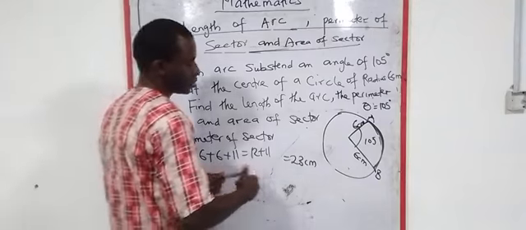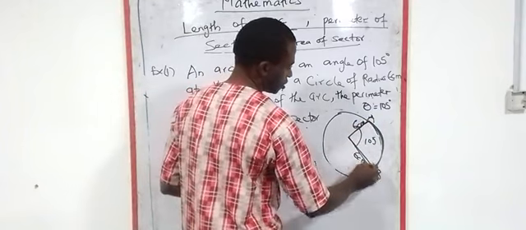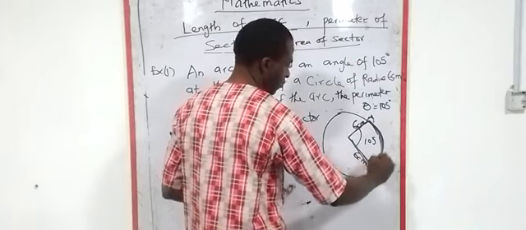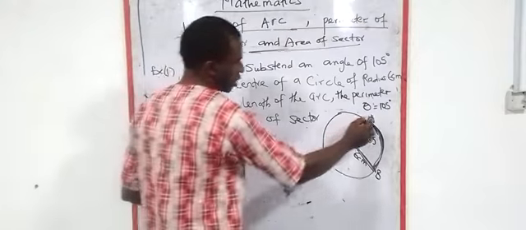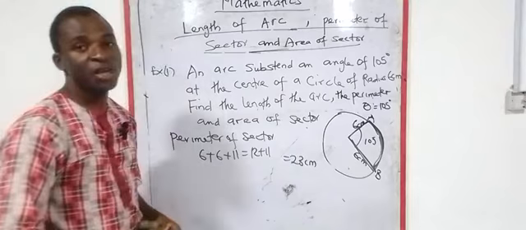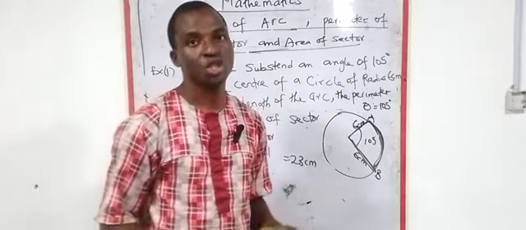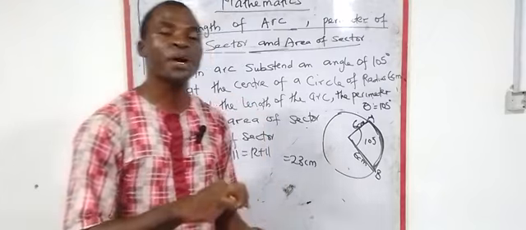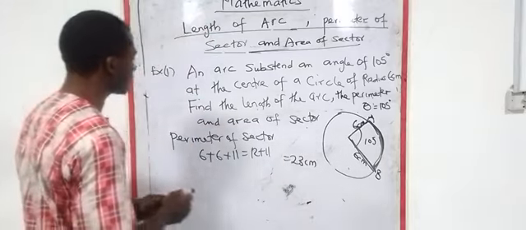Remember, perimeter is the boundary. This is a sector. Then the length of an arc is what we did here. In case you don't know what we did, here is 6, here is 6. So in the perimeter, you look for the length of the boundary around an enclosed shape. That is what we call the perimeter.